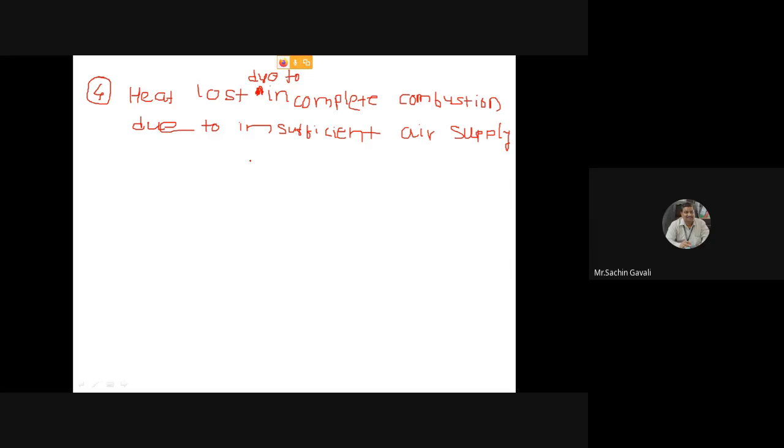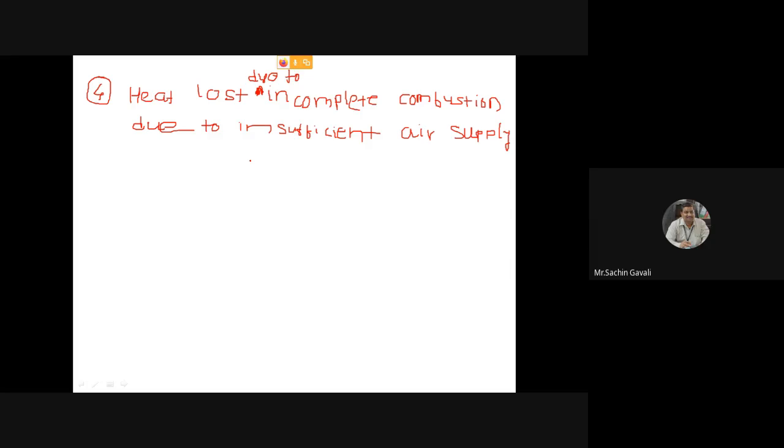One is carbon dioxide: carbon reacts with oxygen to form carbon dioxide, and hydrogen reacts with oxygen to form H2O when combustion is complete. But due to insufficient air supply, some carbon dioxide will not be formed.